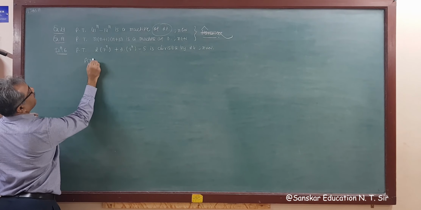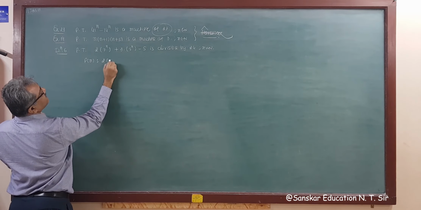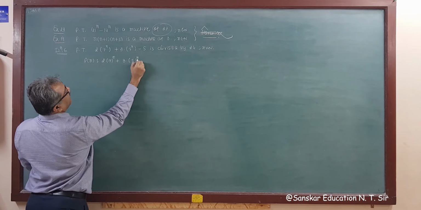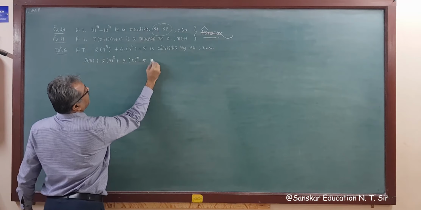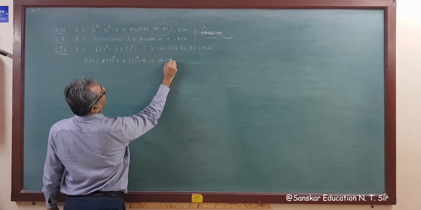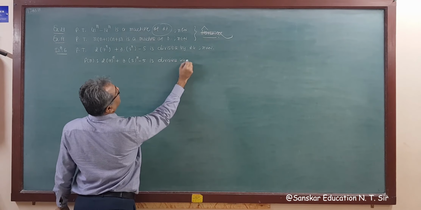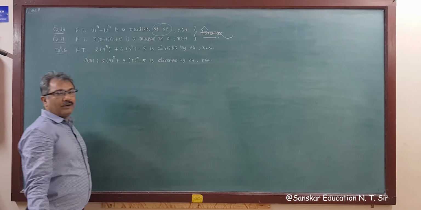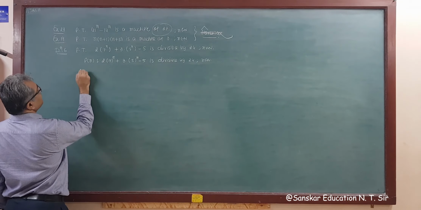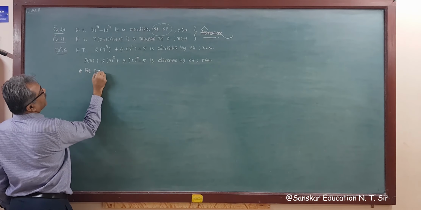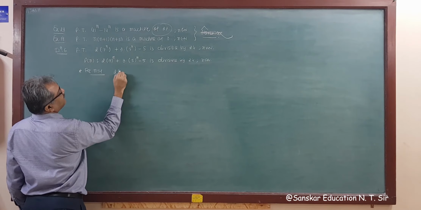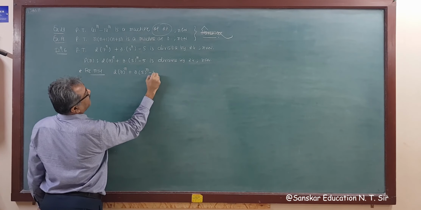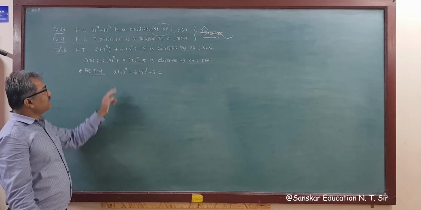P(n) is 2 times 7 raised to n plus 3 times 5 raised to n minus 5 is divisible by 24, n belongs to N. This is your P(n). For n equal to 1, 2 times 7 raised to n plus 3 times 5 raised to n minus 5 is equal to, now substitute n equal to 1.